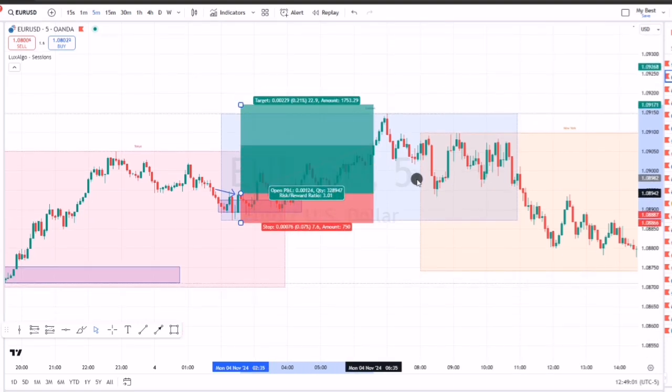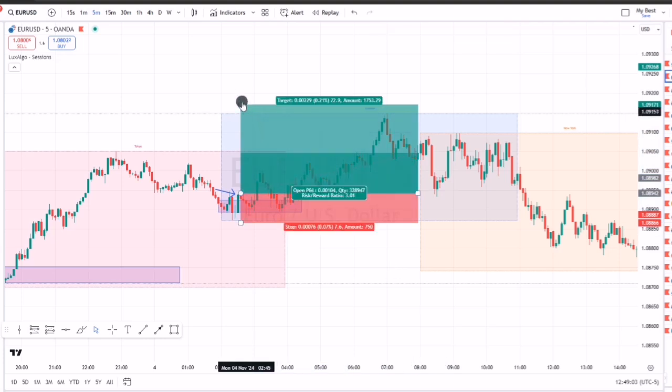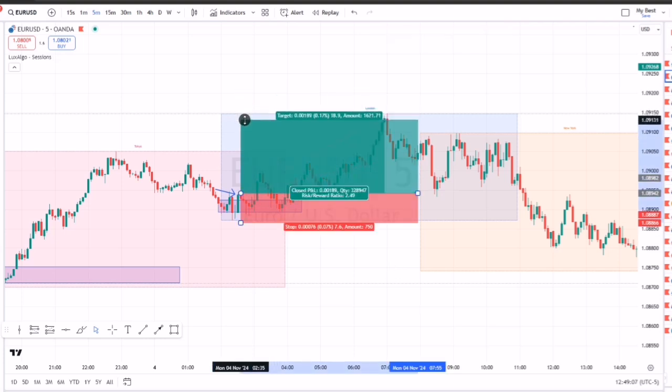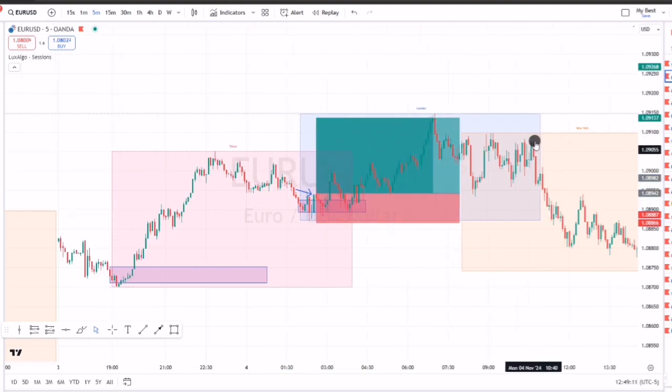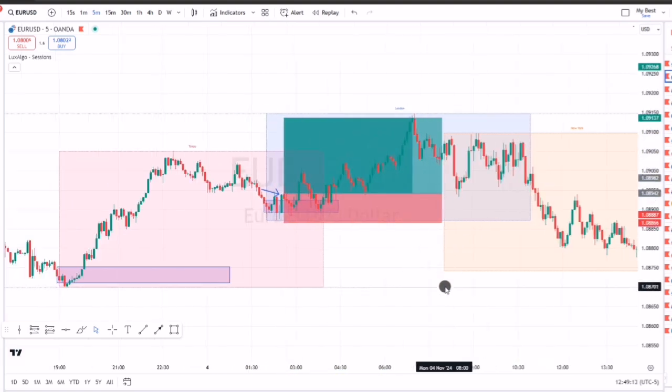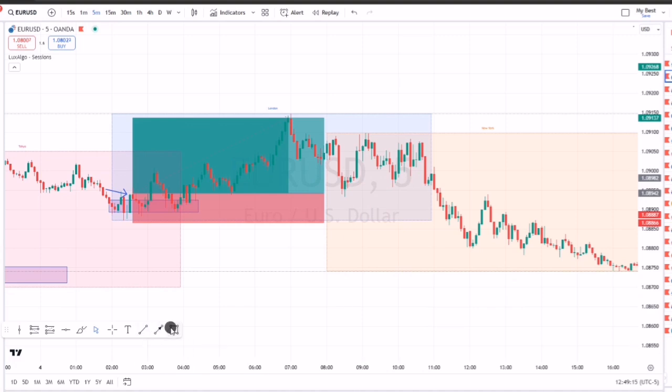But always make sure you try to be safe. It's always safe to go for that 2.5. You see that, there was the London session. And for the New York session, there was the first candle. First entry was going to be here below, where the candle closed in full.